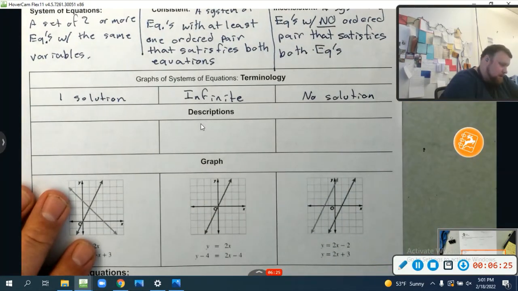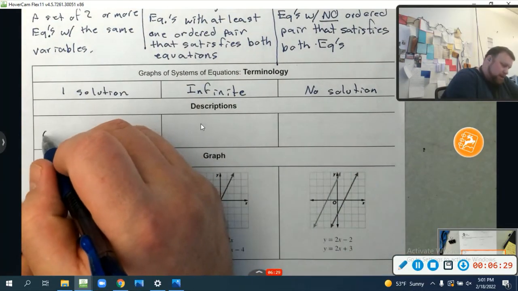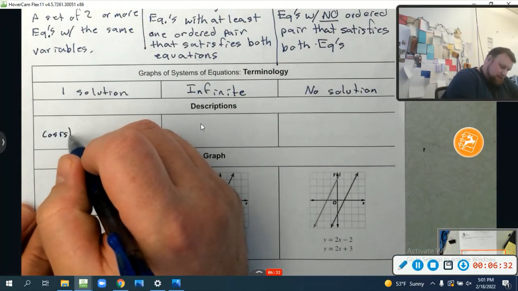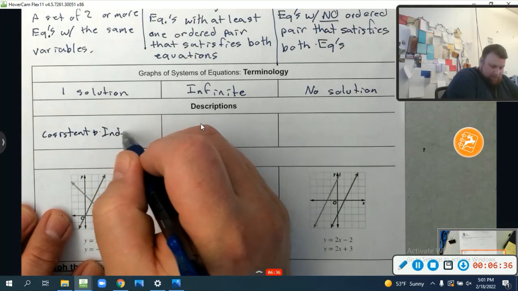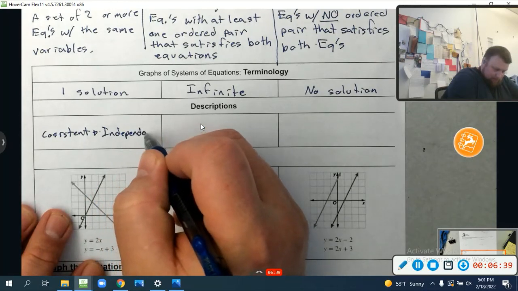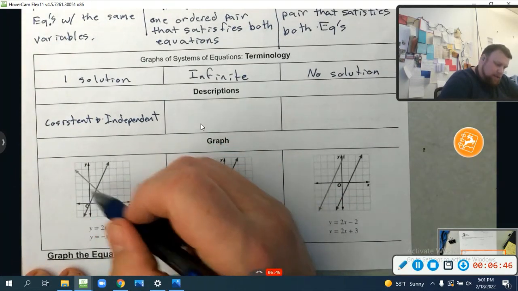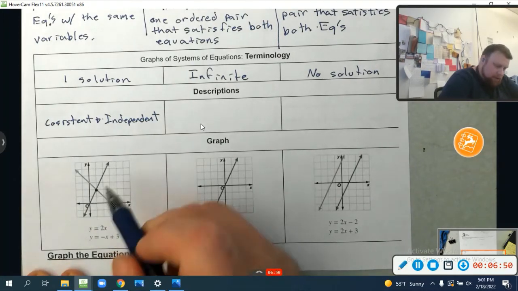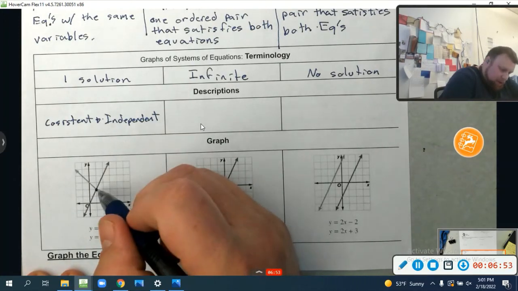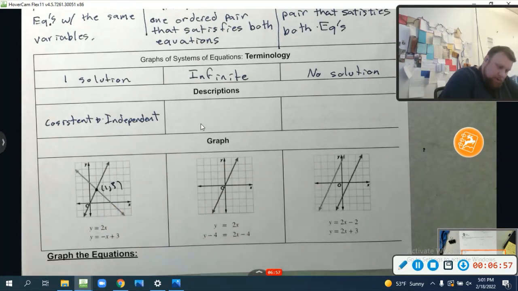When a system of equations has one solution, we call it consistent and independent. They don't affect each other. The two lines don't affect each other. They're just what they are. You can see it right here. They're consistent in that they meet right here. There is an answer that applies to both of them. That value right there, 1, 3. 1, 3 works in both of these equations.